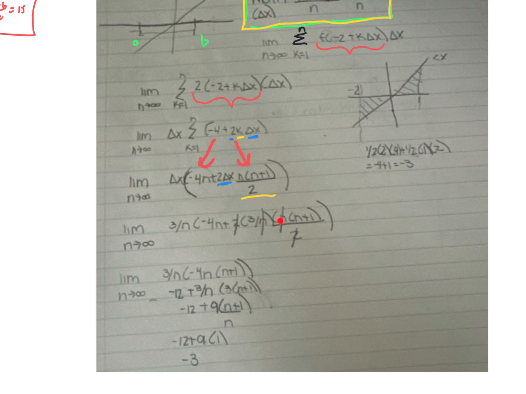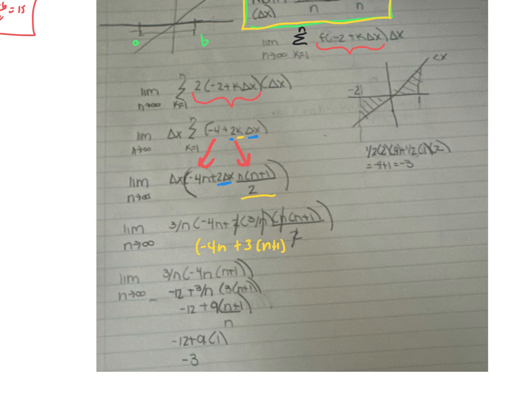This n canceled that n. We did perform that move. We also performed this move. So as a result of that, it should, in the parentheses, be negative 4n plus 3 times n plus 1. Hopefully, we're in agreement about that.